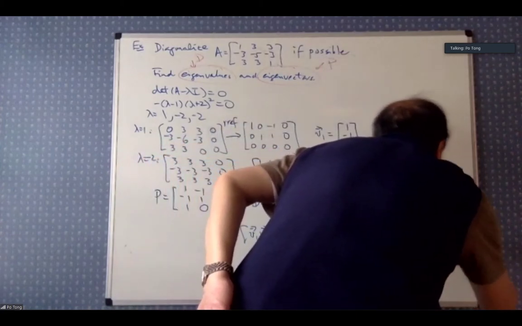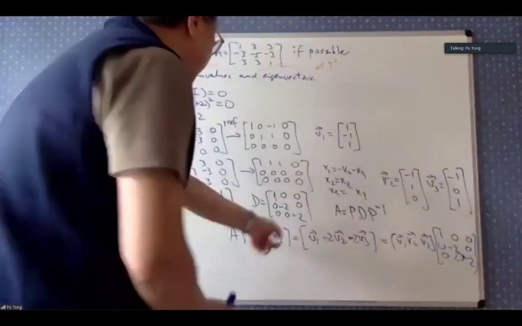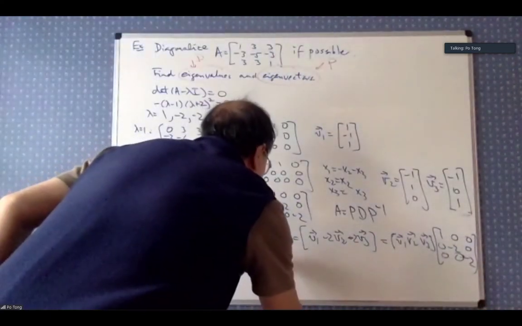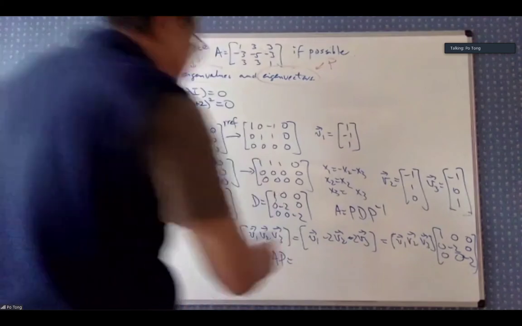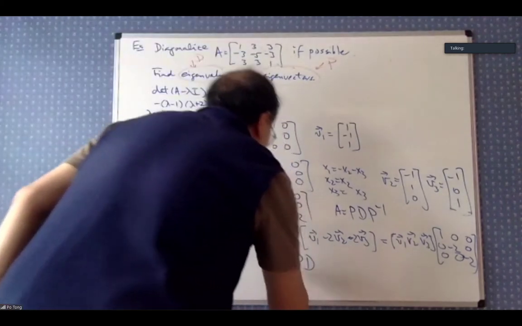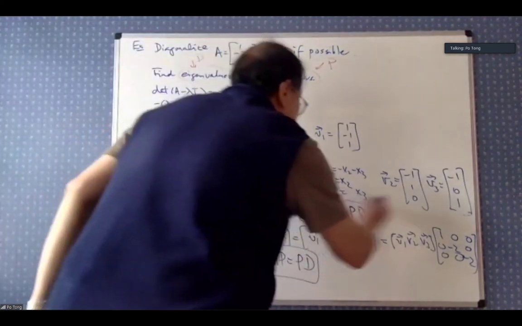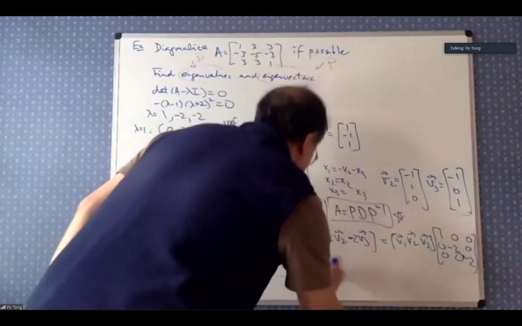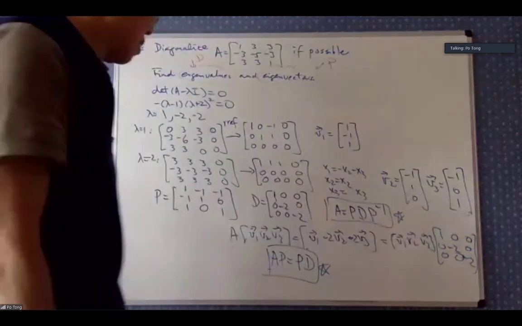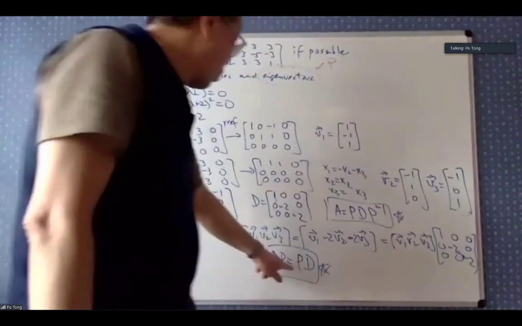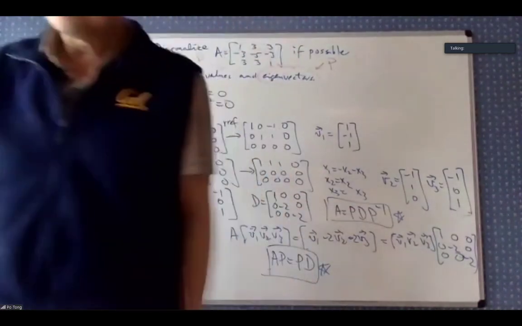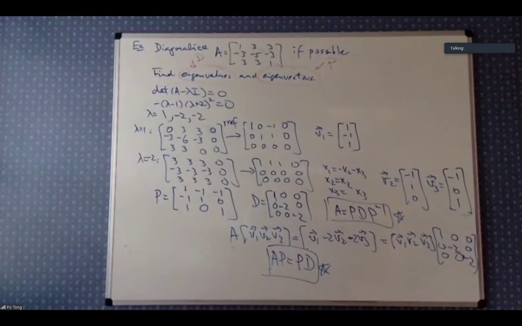So this is saying that AP equals PD. Then you put P to the other side, and A will be PDP inverse.